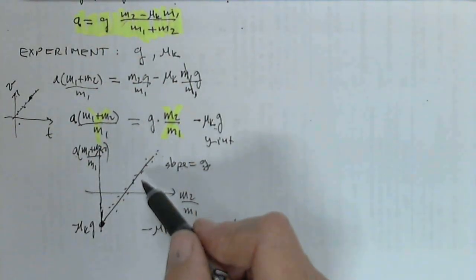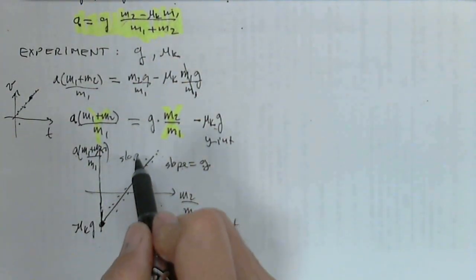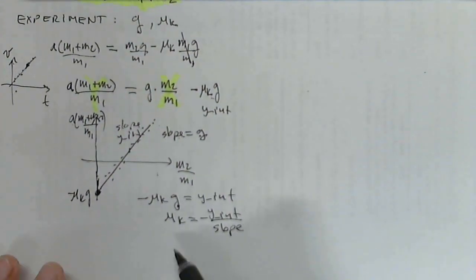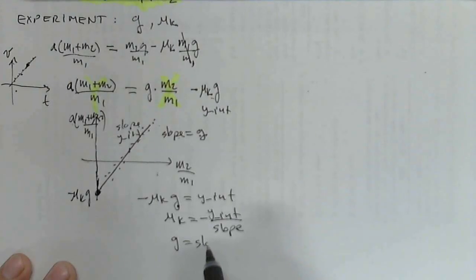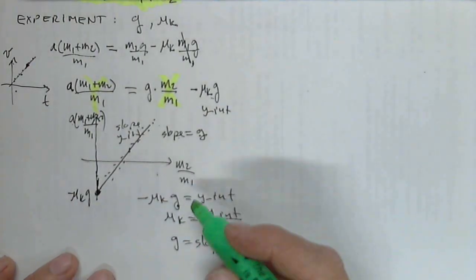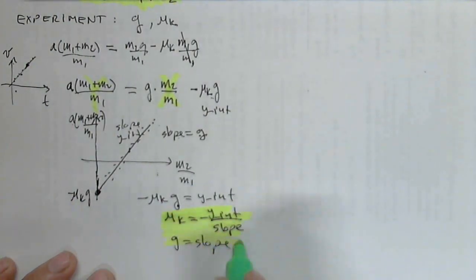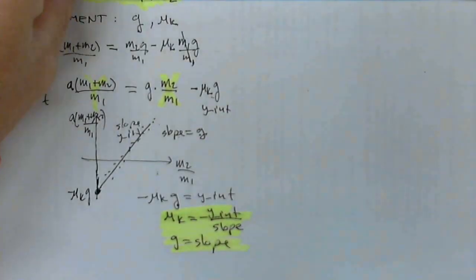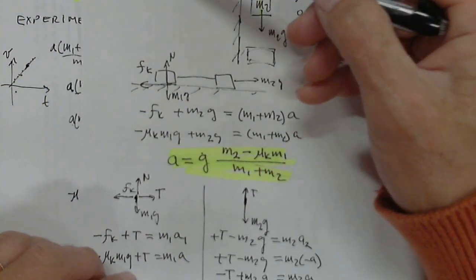Remember, from the linear fit you get the slope and the y-intercept. So the acceleration of gravity is the slope, and the coefficient of friction is the negative y-intercept divided by the slope.